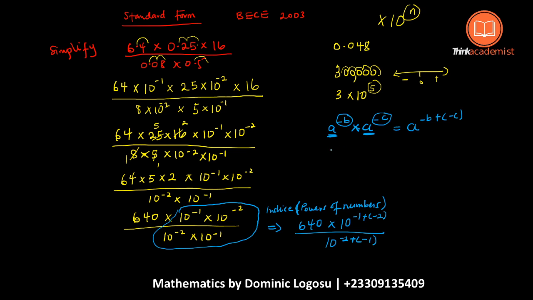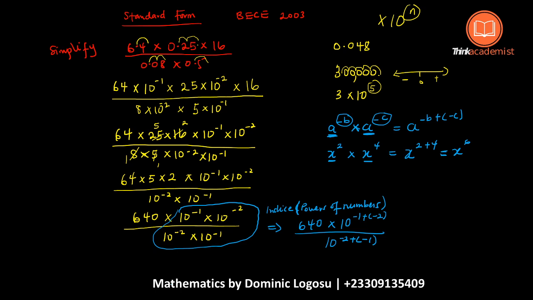Remember, I said that when you have, even if it is not negative, if you have maybe x raised to the power 2 times x raised to the power 4, because the base numbers are the same, this is just revision. I know most of you know this, but I just want to go over it. When you have the base numbers being the same, the powers would add. Okay? So it means this would be x raised to the power 6. So it's the same principle we are applying here.